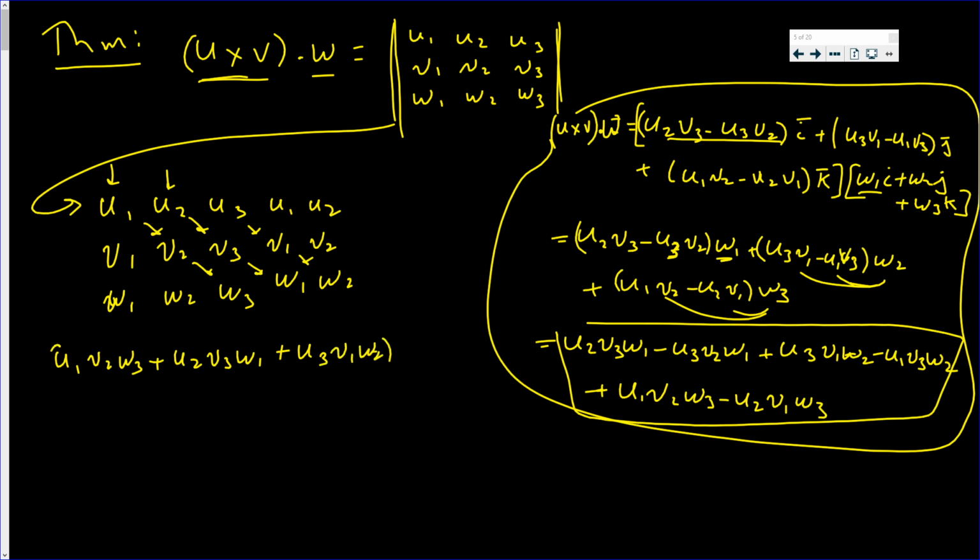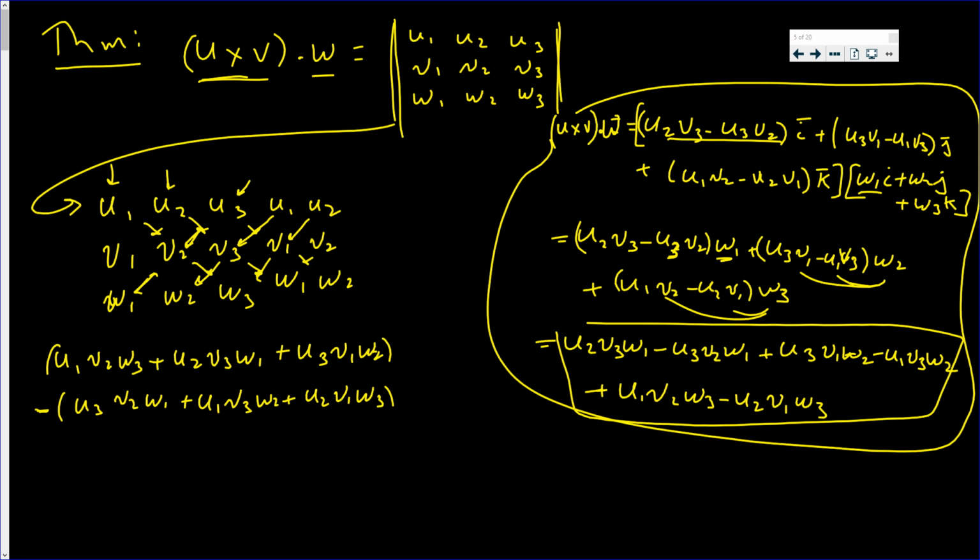And it's that mess minus, now multiply along that diagonal. Let me start from the top. U3 V2 W1, plus, because I factored out the minus, U1 V3 W2. And then lastly, plus U2 V1 W3.